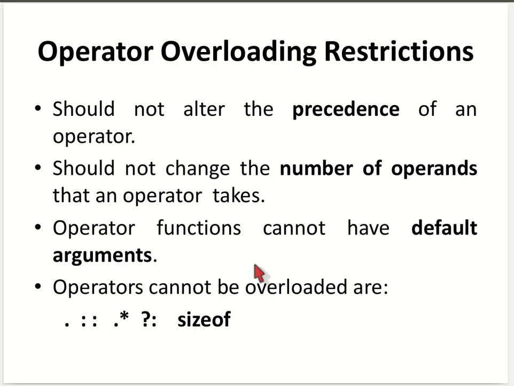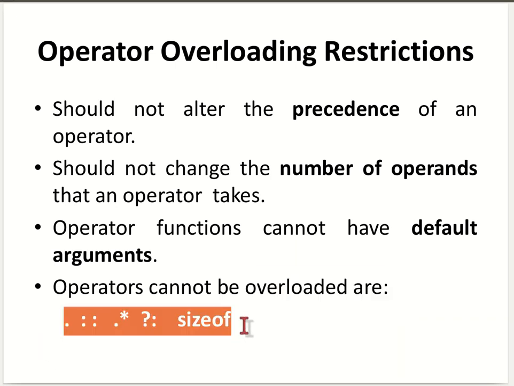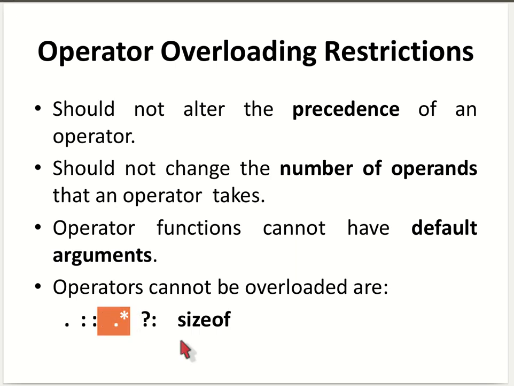The following operators cannot be overloaded: the dot operator, the scope resolution operator, which we will discuss later, and the ternary operator question mark colon. This is the only ternary operator. We will be overloading only unary and binary operators. And the sizeof operator cannot be overloaded.